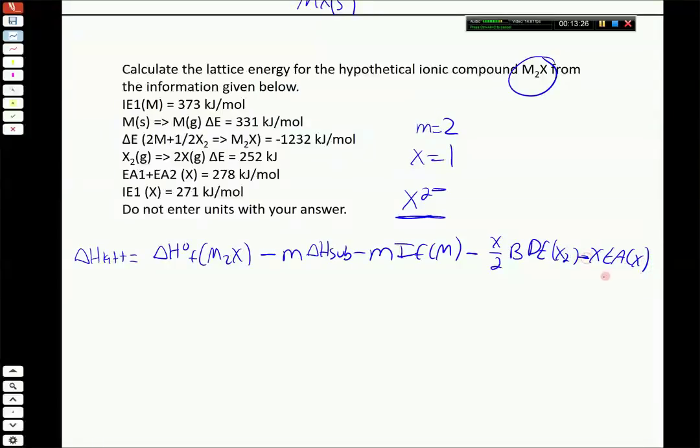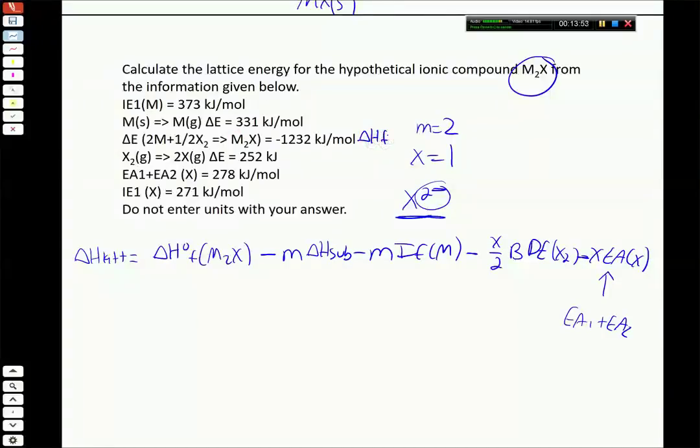Alright, and the only difference here is that this electron affinity step in this problem is actually going to be 2 electron affinities because, again, we're forming 2- anions. We're adding 2 electrons to it. So we have to make sure that is given to us correctly in the problem, or that we account for both of those terms. Looking at the different steps here, the formation enthalpy is the formation of the compound from its elements, which is this one here.